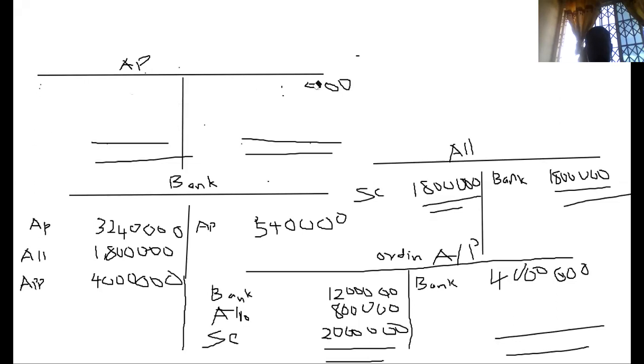Okay, so this is allotment for ordinary shares. So ALL. How much are they supposed to pay on allotment? That is 12 cedis per share. So when you multiply 12 by 200, you get 240.